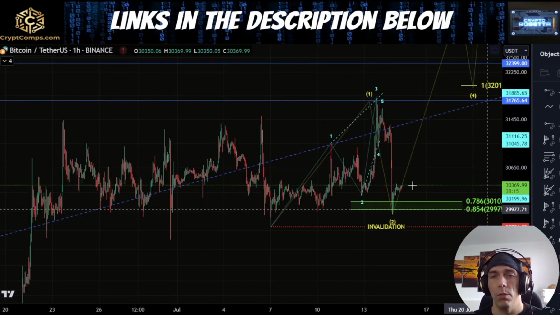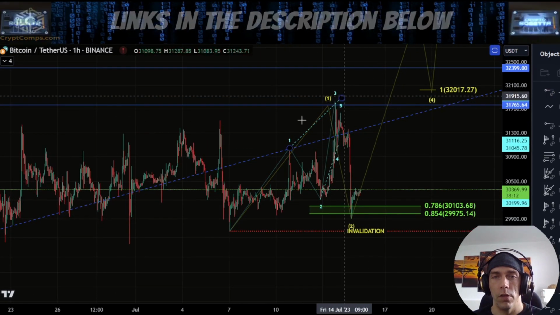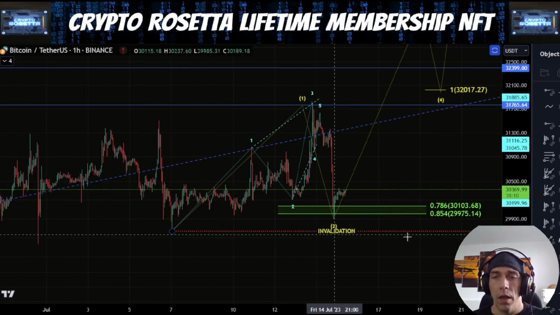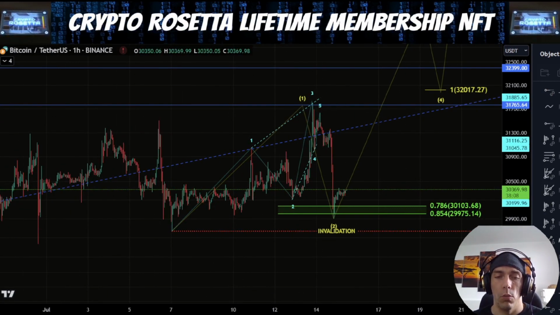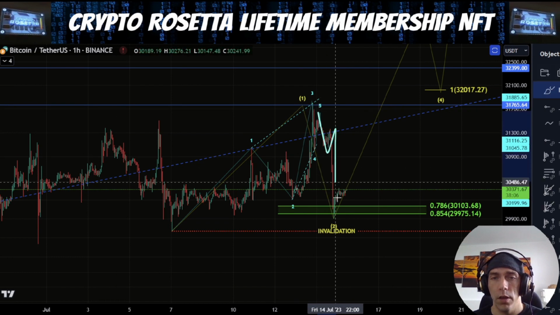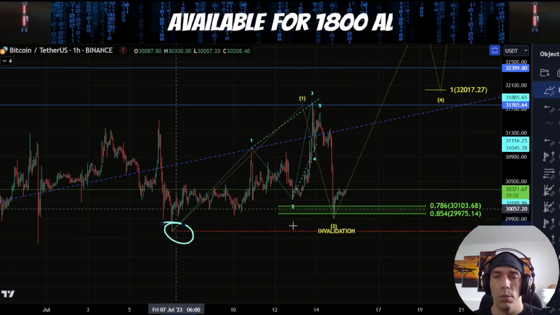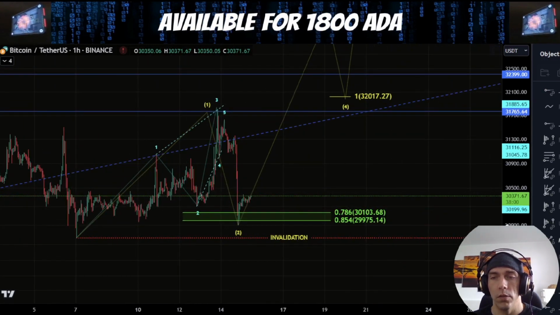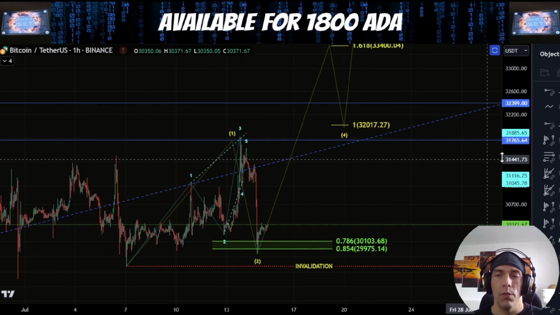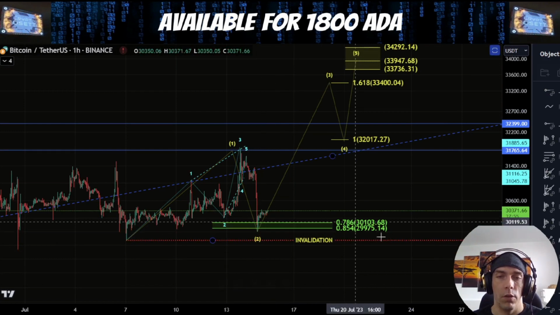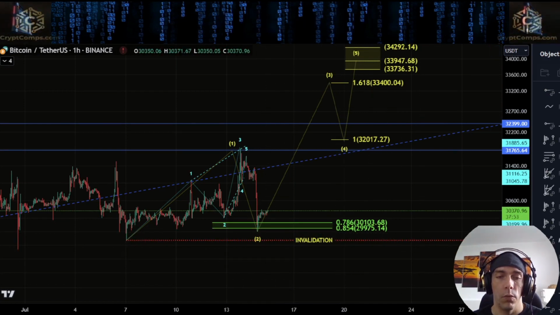So this would align with that bearish count if we do see this as a diagonal. However, until we actually cross 29,701, all we have to the downside currently is 3 waves. If we get this 4th and this 5th, this invalidates this count by crossing this 29,701.